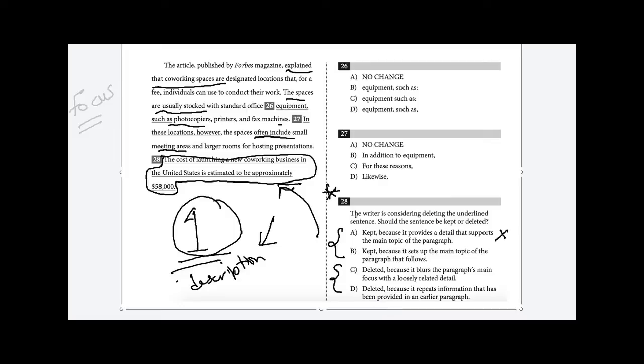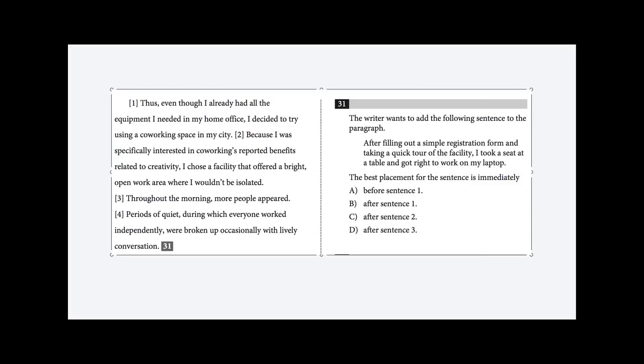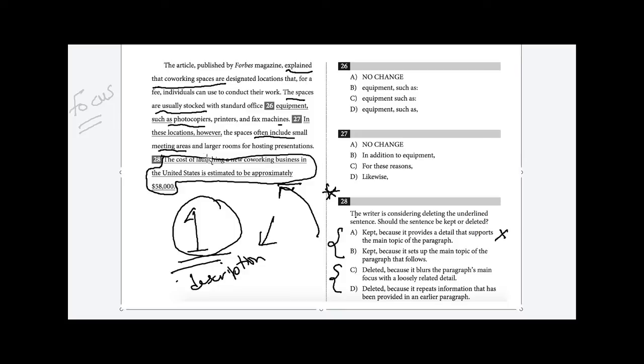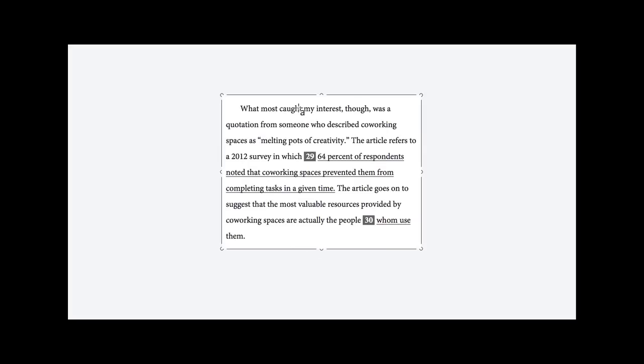It says here, it sets up the main topic of the paragraph that follows. Well, let's check out the paragraph that follows. This right here is the paragraph that follows. What most caught my interest, though, was a quotation from someone who described co-working spaces as melting pots of creativity. Now, does this right here, the cost of launching a new co-working business, flow into this right here?